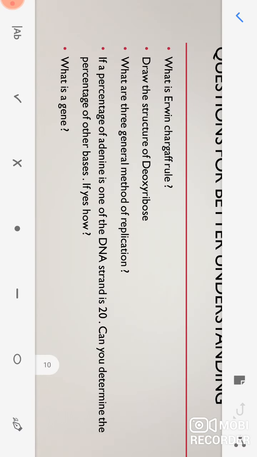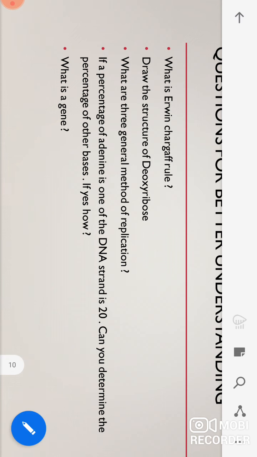So what is a gene? Gene is a very simple term to learn. It is a unit of heredity, which is transferred from the parent to the progeny.